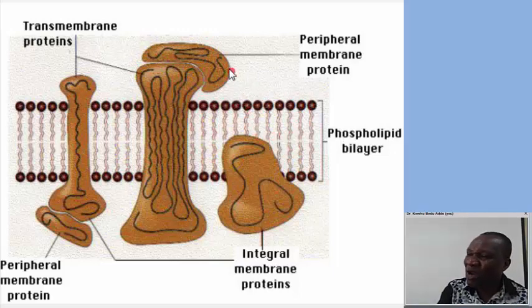Then we have the peripheral proteins. The peripheral proteins do not interact with the hydrophobic regions of the lipid bilayer. They interact with the hydrophilic ends of the integral proteins, or they would interact with the hydrophilic ends of the phospholipid bilayer.